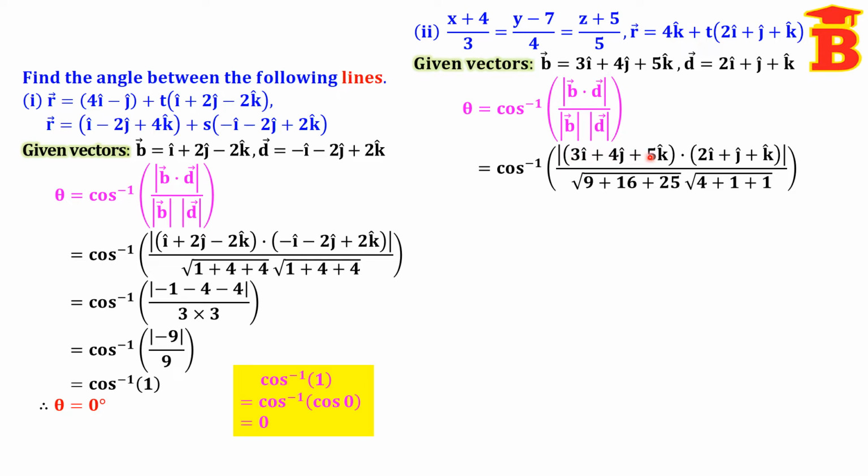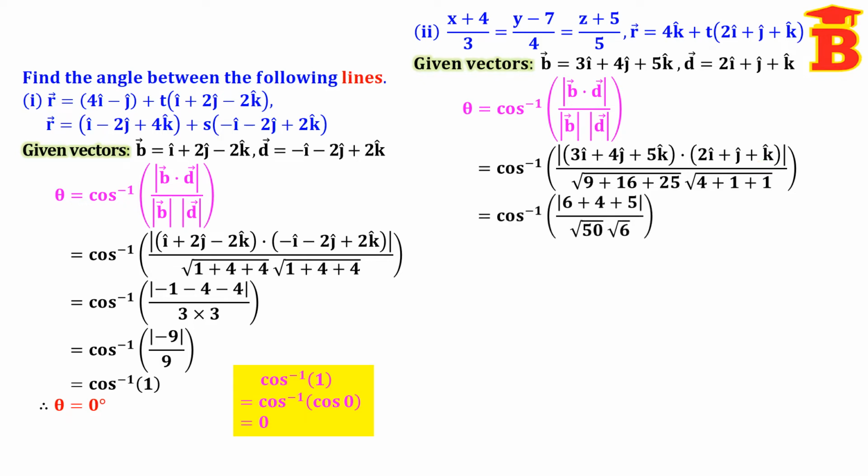So the magnitude of first vector, root of 3 square 9 plus 4 square 16 plus 5 square 25, into the magnitude of second vector, that is root of 2 square 4 plus 1 square 1 plus 1 square 1.